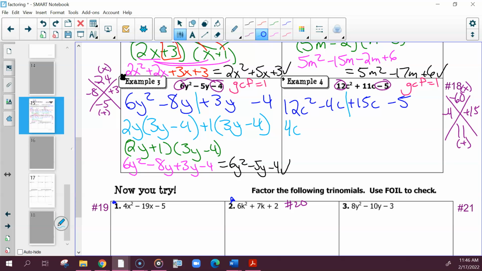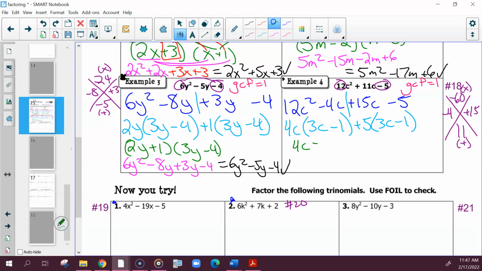So we divide out 4c, what's left? 3c minus 1. What could we divide out of the last two? 5. Positive 5. And if you divide that out, what's left? 3c minus 1.